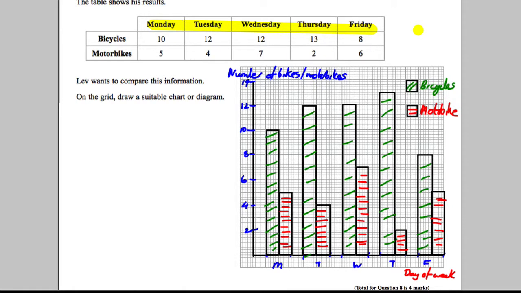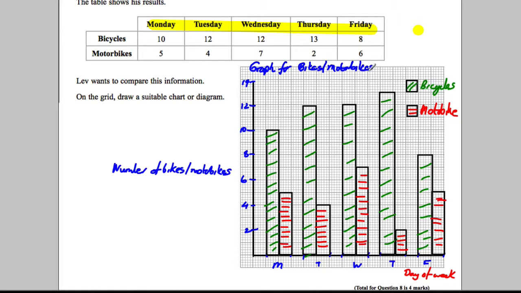Okay, and the last thing we'd probably have, just to be safe in terms of our exam, we'd probably write a title. So graph for bikes, motorbikes on road, something like that with a little title.